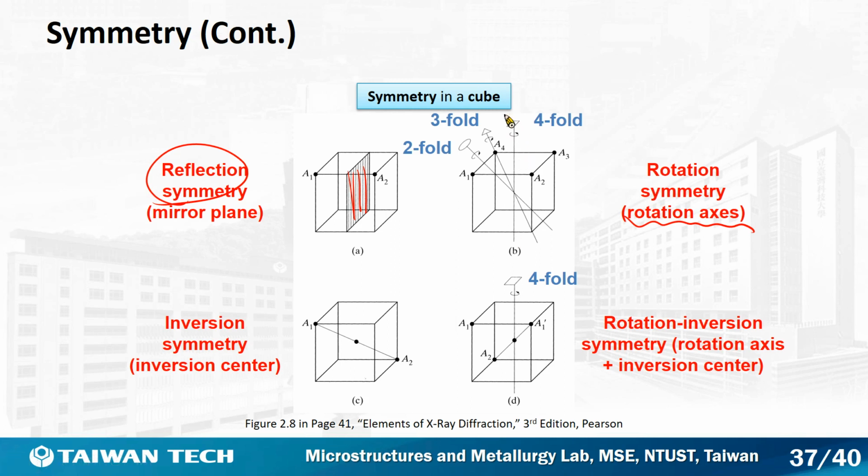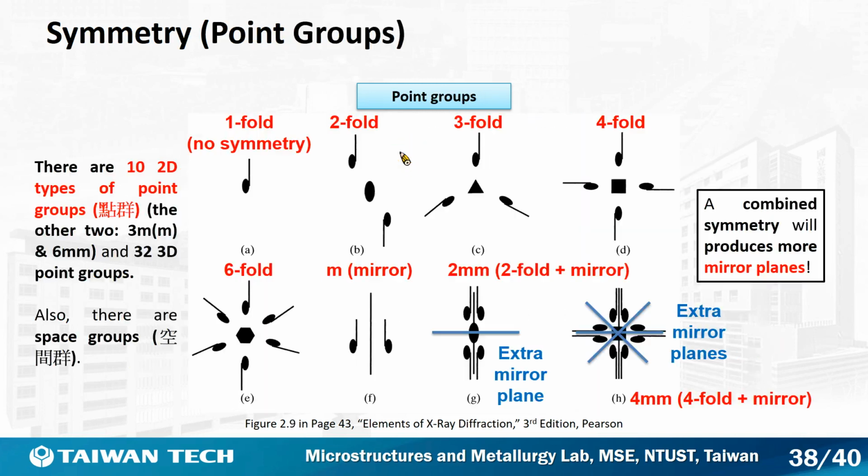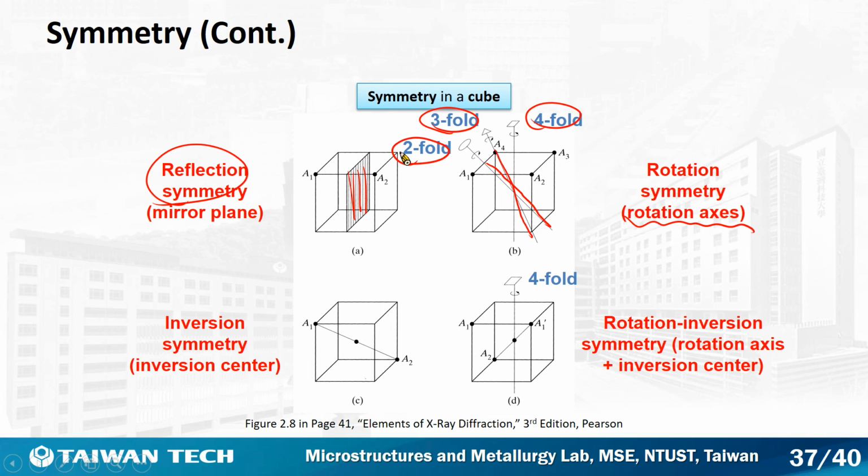For example, for this one, this is 4-fold. For this one, it's 3-fold. For this one, it's 2-fold. And then we have inversion symmetry. Inversion symmetry is a point symmetry. So for these points, A1 and A2 are symmetric.